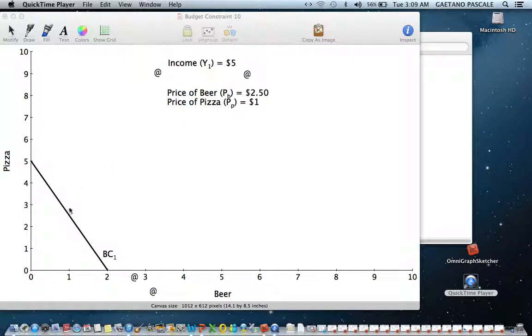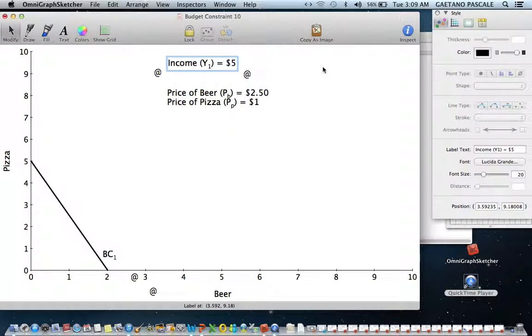Here we have a budget constraint, and in order to construct a budget constraint you have to have multiple pieces of information. First you have to know, number one, how much income you have to spend. You also need to know the prices of the two products that you're going to be purchasing. For our purposes, I selected beer and pizza as two commodities that we are purchasing.